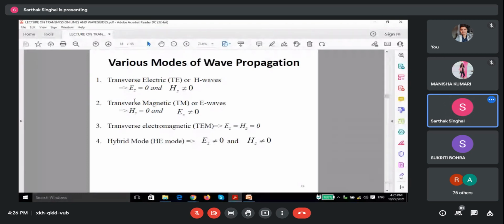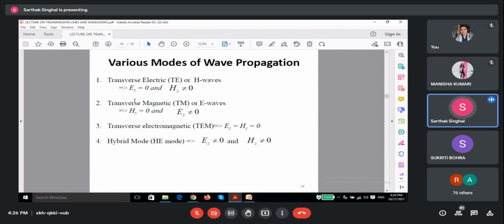Similarly, for the transverse magnetic mode or E waves, the magnetic field will not have any component in the direction of wave propagation, whereas the electric field may have some component in that direction. The third mode is the transverse electromagnetic wave, in which there will be no electric and magnetic field components in the direction of wave propagation.